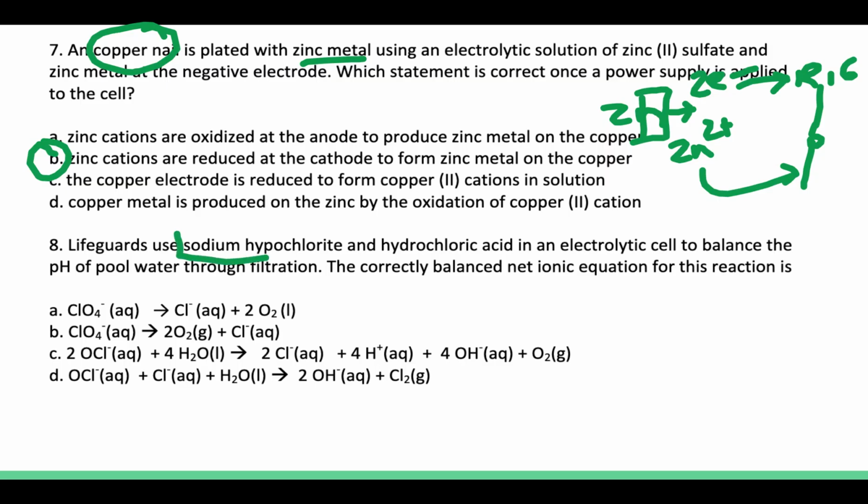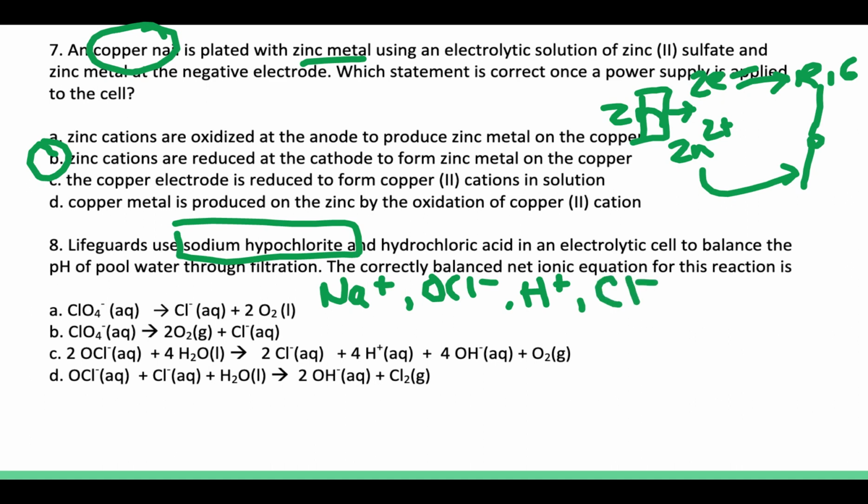From this ionic compound, you have sodium ions, and you would have OCl negative, which is your hypochlorite. You also have hydrochloric acid, which is a strong acid, so H positive and Cl negative. We know we can break it up because it's strong.